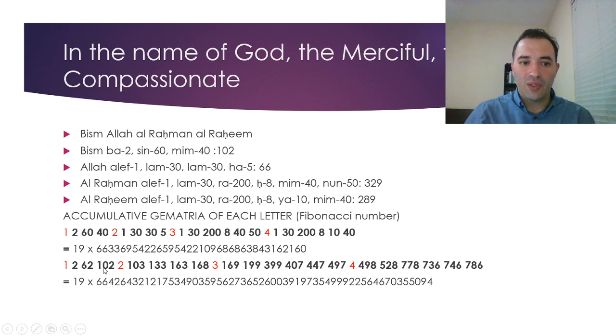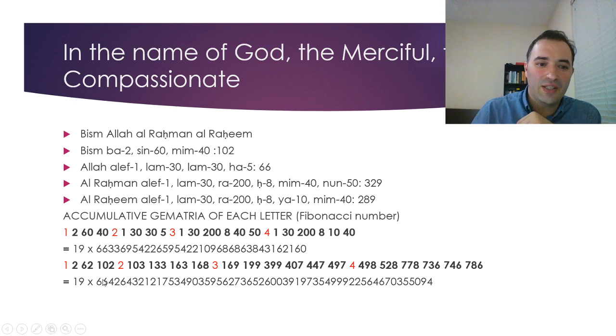So the third is going to be 62 plus 40, 102. This one will be 102 plus 1. This one will be 103 plus 30. This one will be 133 plus 30, and so on. You can do it by yourself, guys. It is incredible. So you have this number. Can you believe that this number perfectly can be divided without any decimals by this number?